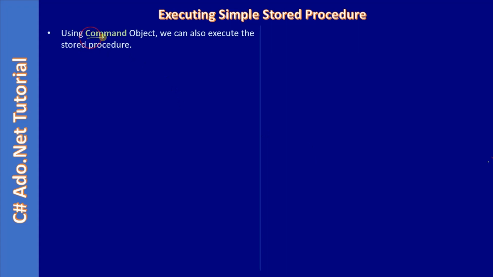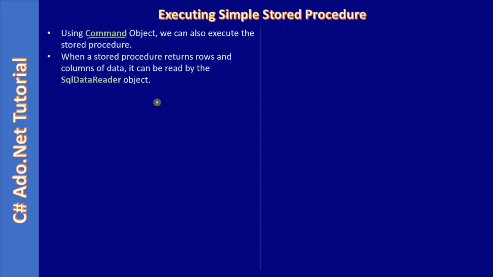Command means here we are talking about SqlCommand because our backend is SQL Server, so we will use the SQL namespace. When a stored procedure returns rows and columns of data, it can be read by the SqlDataReader object.